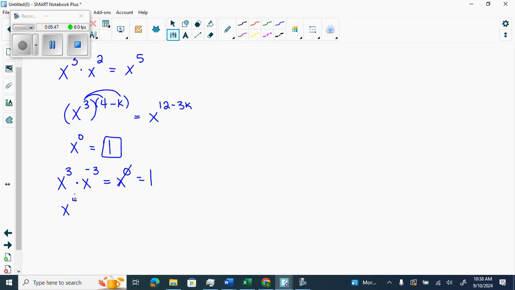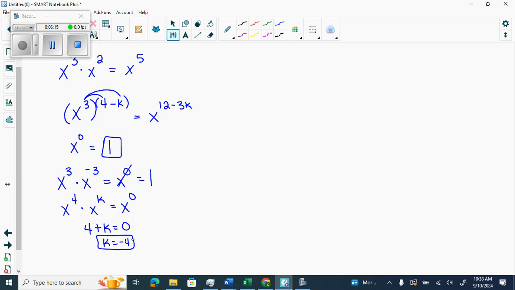If I give you x to the 4 times x to the k equals x to the 0, what would k have to be? Negative 4. Because 4 plus negative 4 is 0. We agree? So we could show this by 4 plus k would have to equal 0, right? So k would have to equal negative 4. Technically, if we solved it out, we could show it that way.